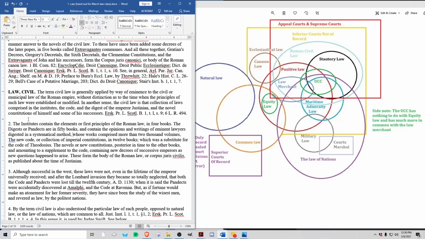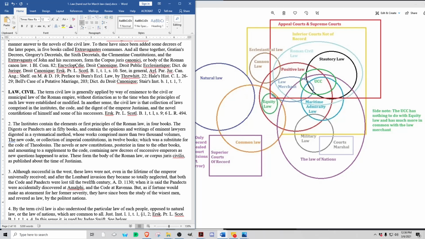2. The institutes, now this is again the Roman institutes. The institutes contain the elements of the first principles of the Roman law in 4 books. The digests or pandects are in 50 books and contain the opinions and writings of eminent lawyers digested in a systematical method, whose work comprised more than 2,000 volumes.